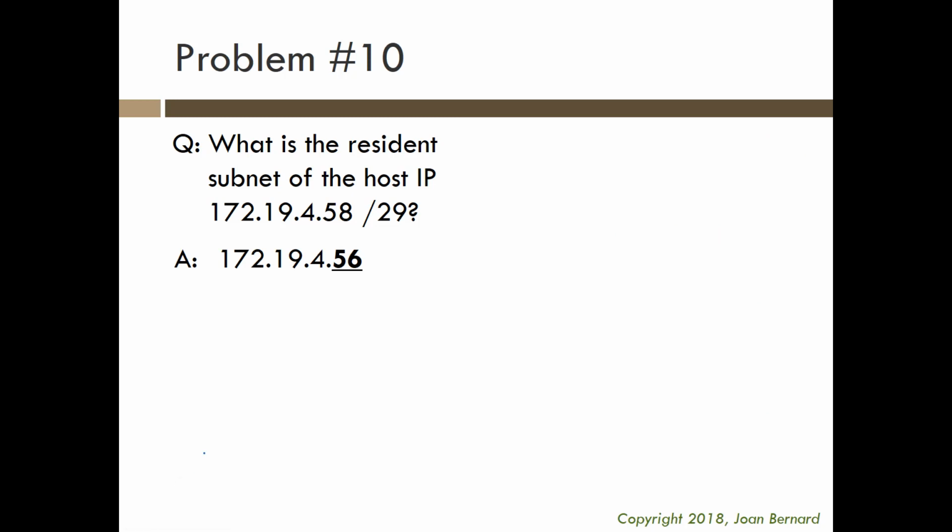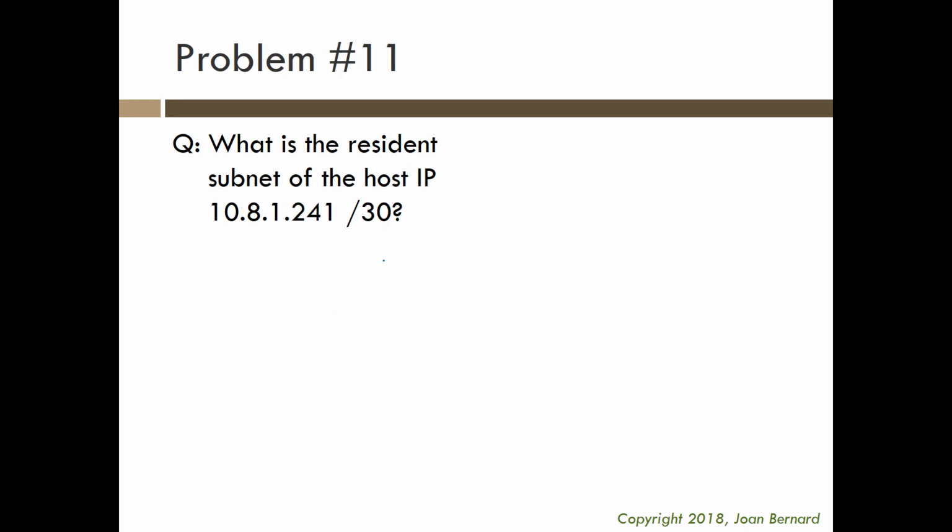So this IP address, if that's a host IP, that belongs to a device. What's its network IP? What's the resident subnet? Where does it belong? It belongs to the range of IPs that starts with .56. 172.19.4.56 is the network IP, and then all of the addresses below it are all part of the /29 network.